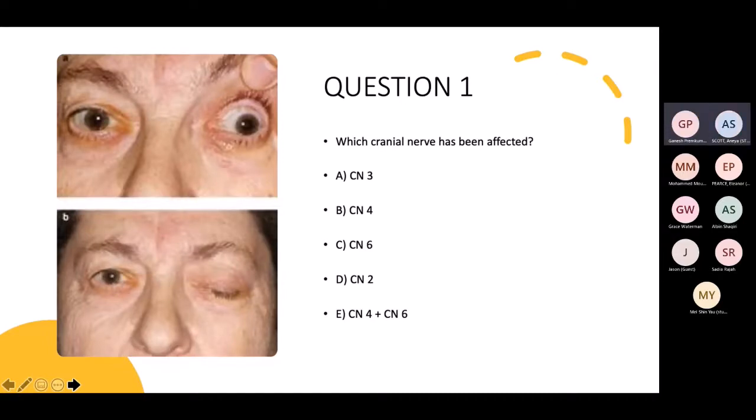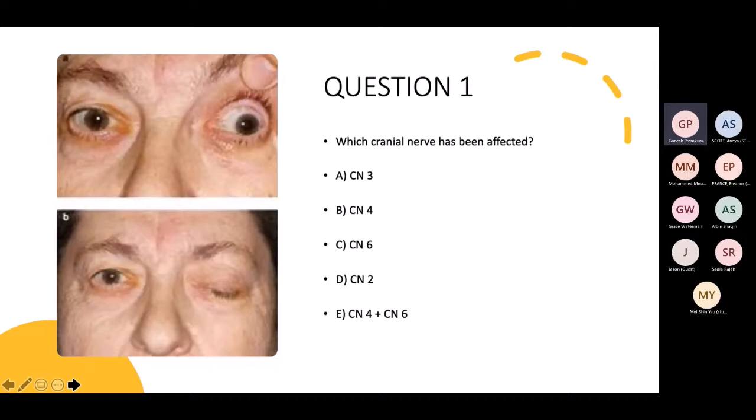Okay, so close the polls. So the majority went for A. It's a bit of a split between A and C. Okay, so just to summarize this, to keep your eyelids open, you require cranial nerve 3.